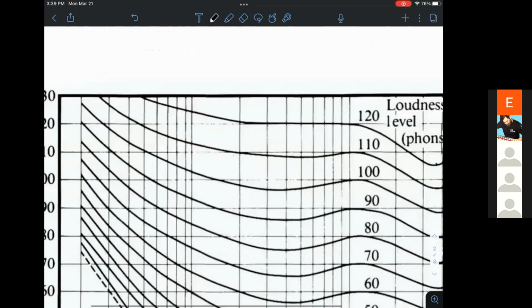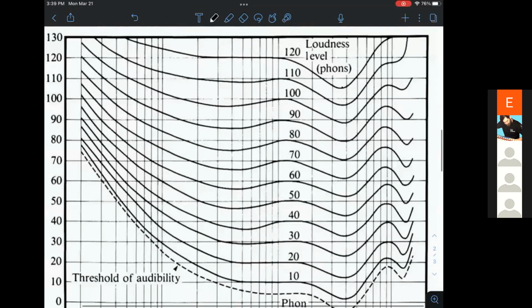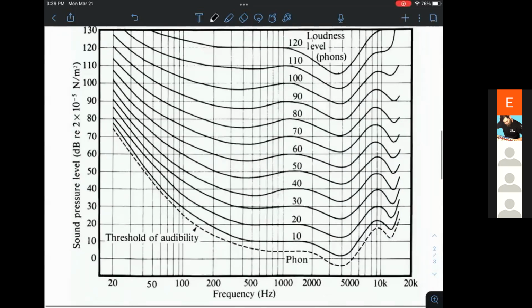Okay, so let's just talk a little bit about how this thing works. The way I'm going to do this, if I'm trying to make this chart, is I am going to play a pure sine at 1,000 hertz and 40 dB SPL, right? And I'm going to say, Corey, how loud does that feel? Keep that in your head.